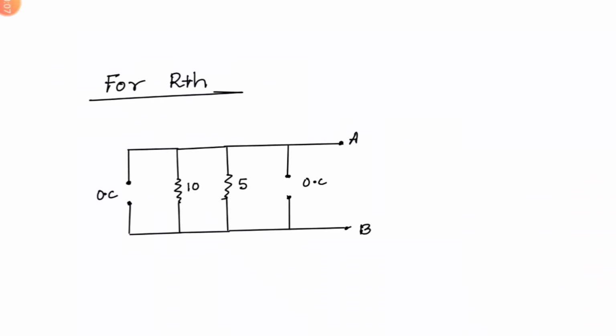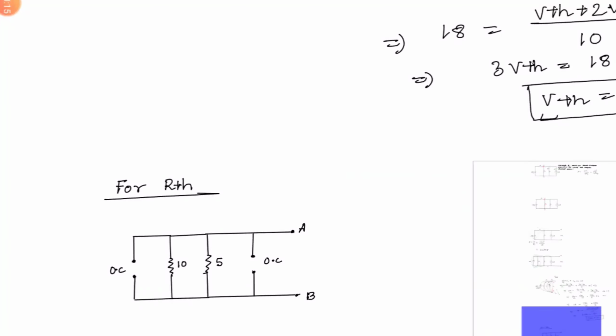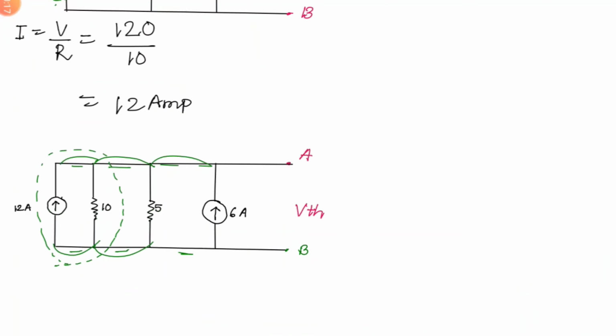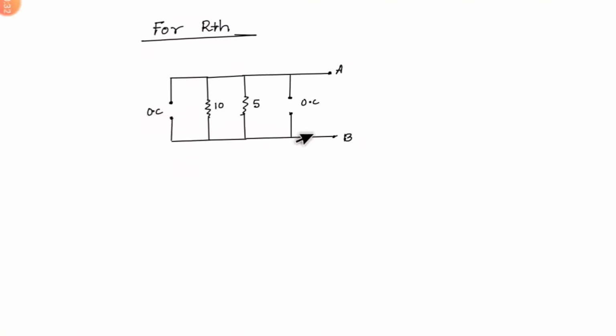Now we have drawn the circuit to find the value of RTH. Here look, this 12 ampere source becomes open circuit and this 6 ampere source also. Now we will find RTH, or you can say REQ.